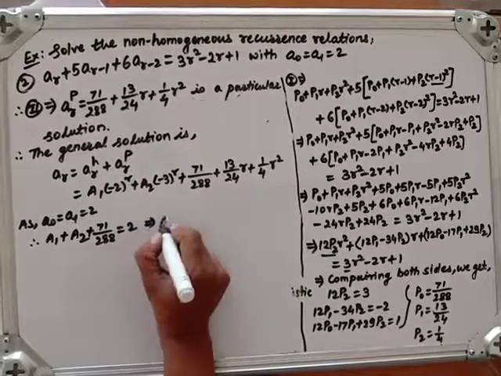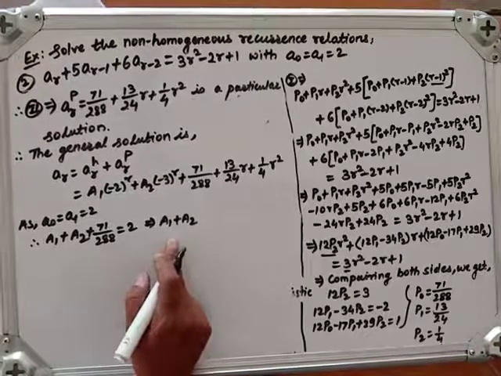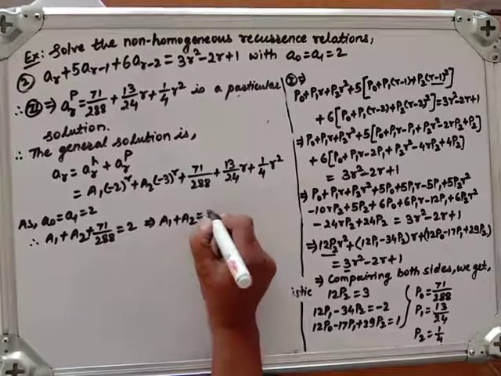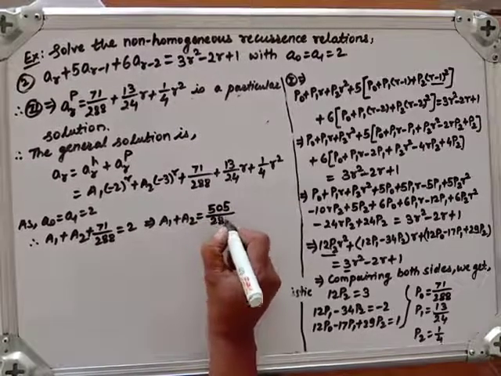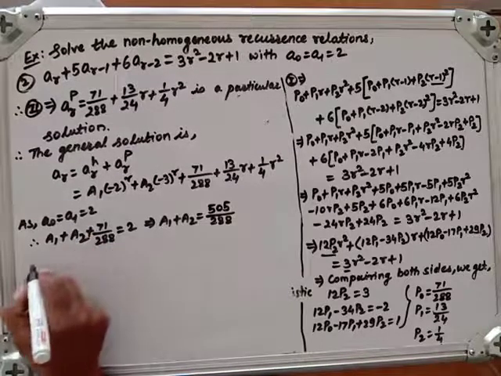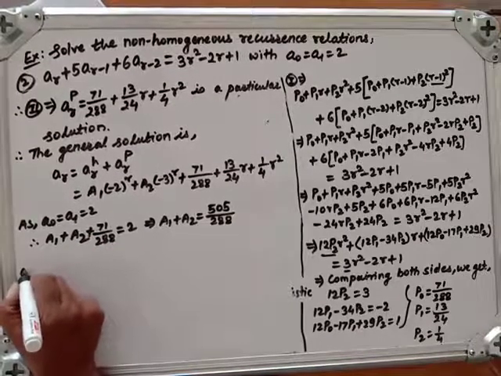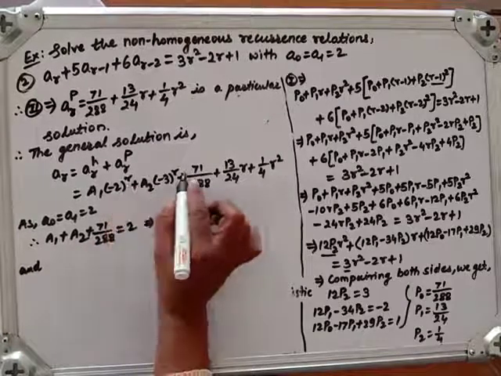So that gives me A1 plus A2, subtracting this to the other side, solving that we get 505 upon 288.